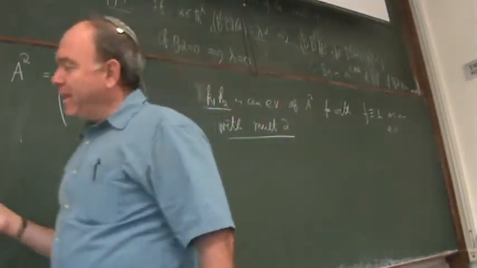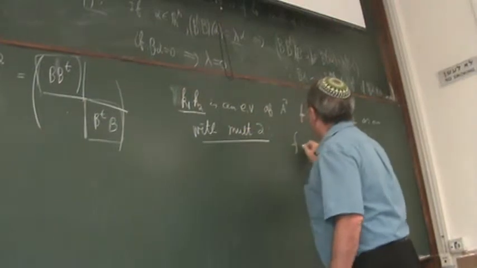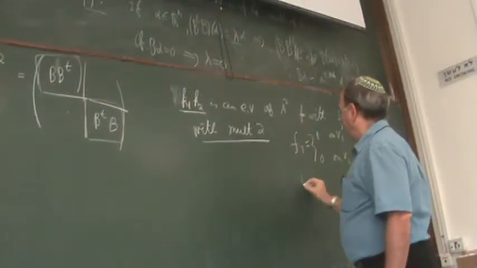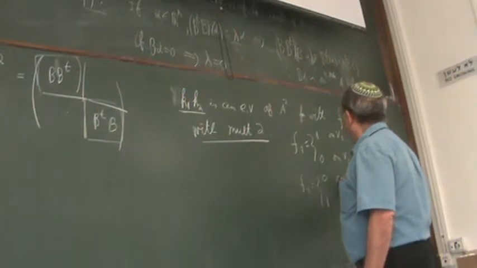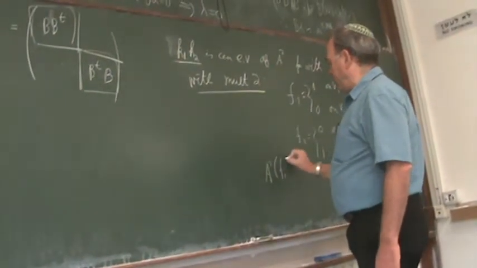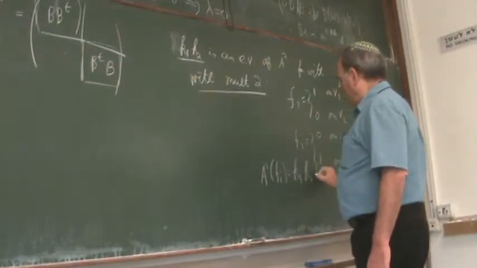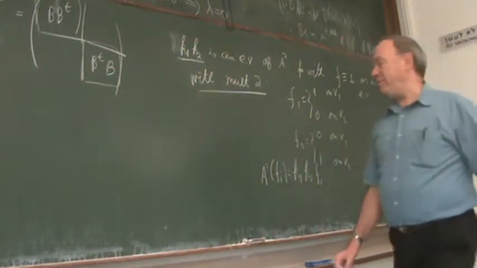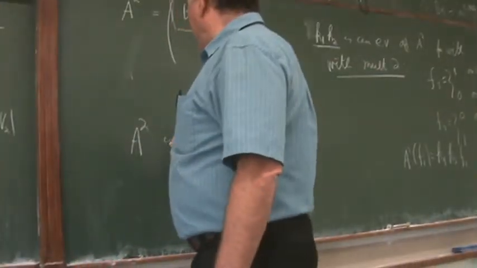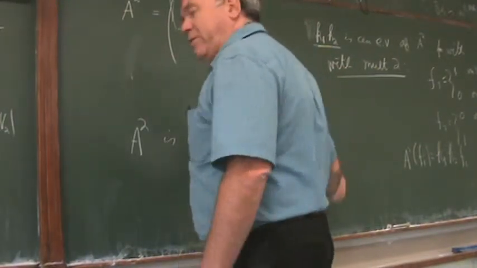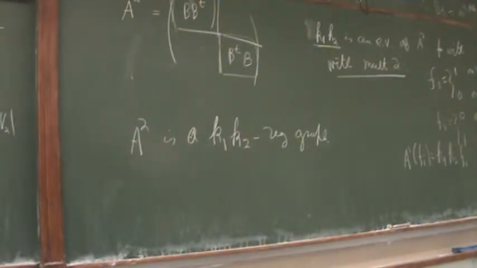I can take f1 to be the function which is 1 on v1 and 0 on v2, and f2 to be the function which is 0 on v1 and 1 on v2, and for each one of them, A squared of fi is k1 times k2 times fi. So A squared is really a k1k2-regular graph, not connected.